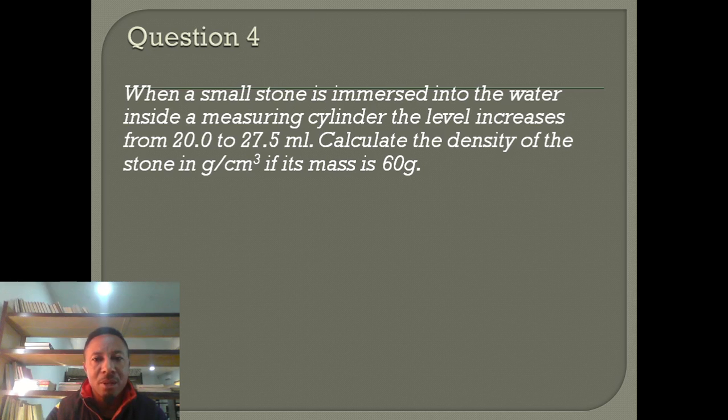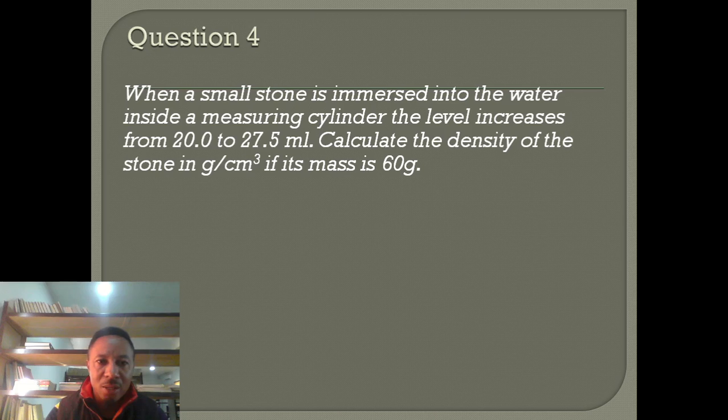When a small stone is immersed into water inside the measuring cylinder, the level of the water increased from 20 to 27.5 milliliter. Calculate the density of the stone in gram per centimeter cube if its mass is 60 gram. Now you don't need to convert here, because 1 milliliter is the same thing as 1 centimeter cube, so you can use either unit.